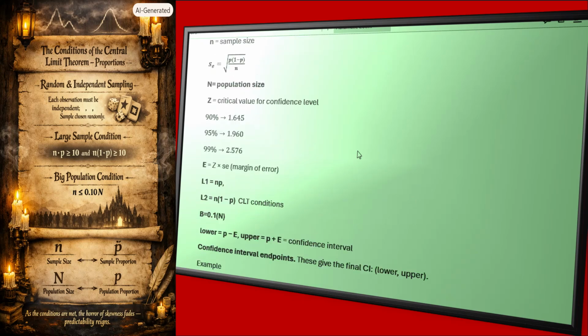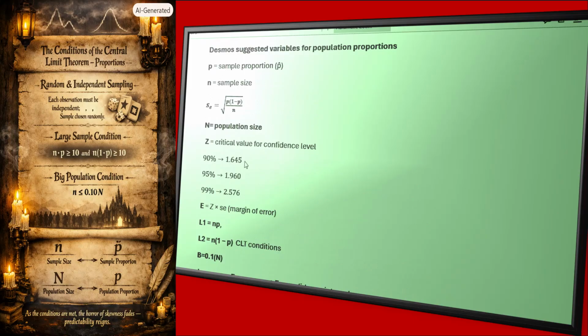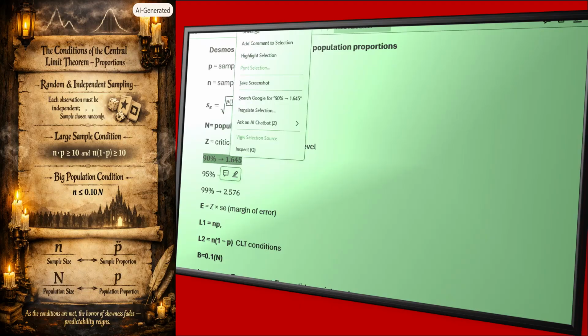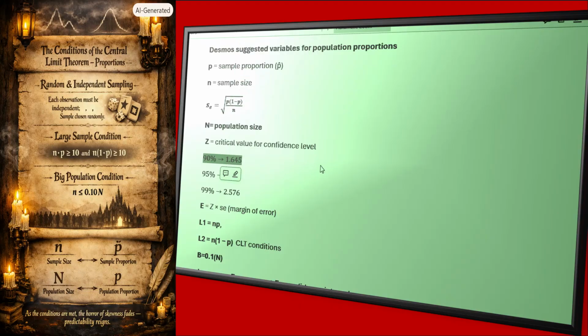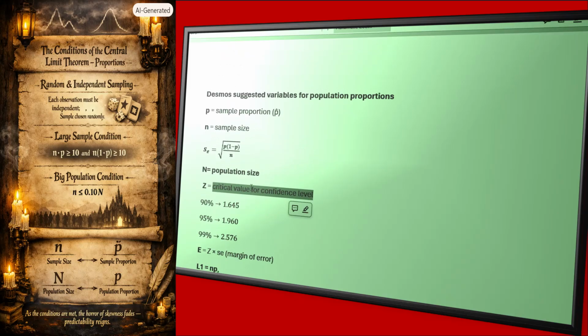I have some key numbers that you should be able to copy and paste over into Desmos, and we'll test that out. I don't think this one will work. You have to type it in, but these critical values are going to be essential when we get to the confidence levels, and definitely what we just saw before, sample proportion.